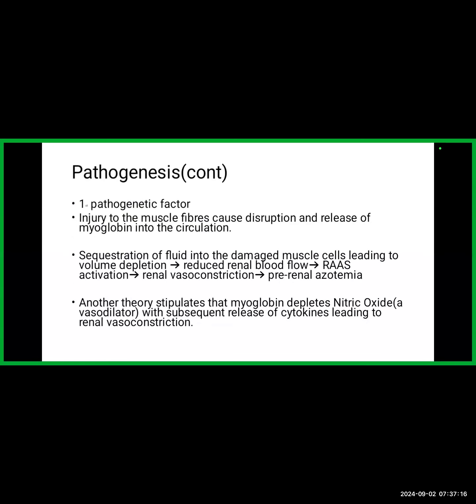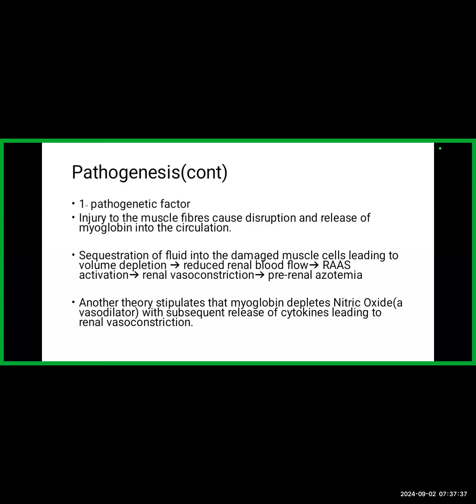So the first pathogenic factor, injury to the muscle fibers cause disruption and release of myoglobin into the circulation. So what happens is that there is sequestration of fluid into the damaged muscle cells, and this leads to volume depletion. So the effective circulating volume is reduced, and this will lead to a reduced renal blood flow.